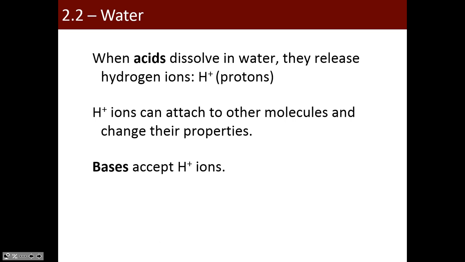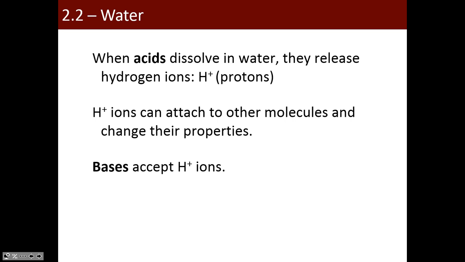So, when acids dissolve in water, they release hydrogen ions into the solution. Okay? These are, again, those naked hydrogens, no electrons. It's just the proton with its positive charge. And so when we talk about needing to maintain homeostasis in our body, we say it's important that we maintain our pH homeostasis. That's that balance of hydrogen ions to hydroxide ions.